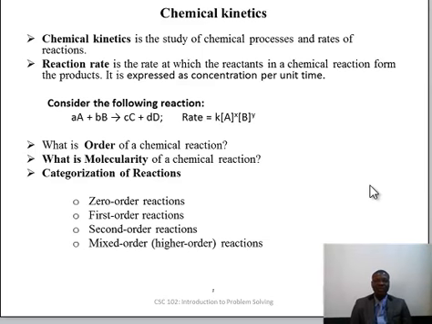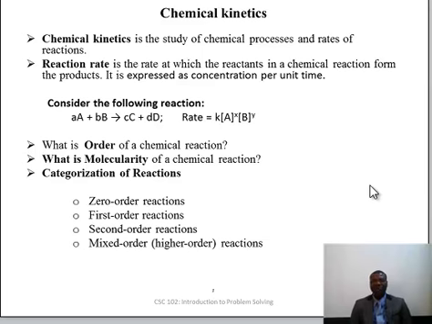Now, this will lead us to the order of a chemical reaction. What is the order of a chemical reaction? The order of a chemical reaction is the sum of the concentration terms on which the rate of reaction actually depends. While the molecularity of a reaction is the number of atoms, ions or molecules that must collide with one another simultaneously so as to result in a chemical reaction.